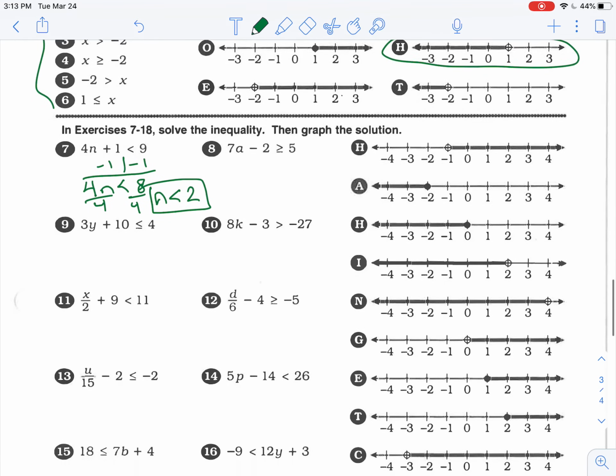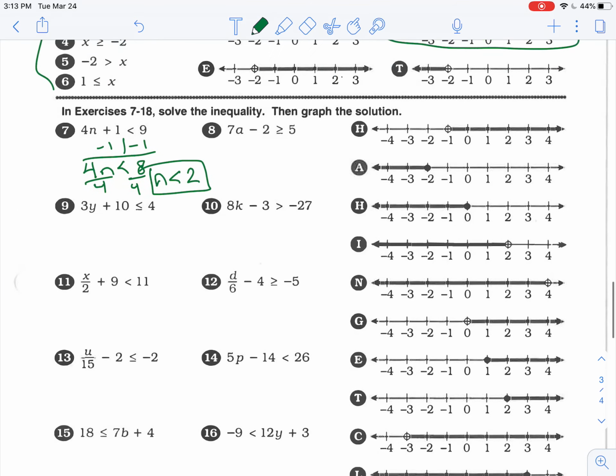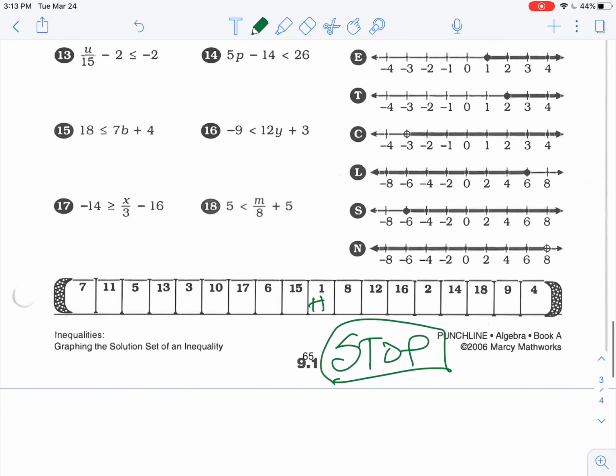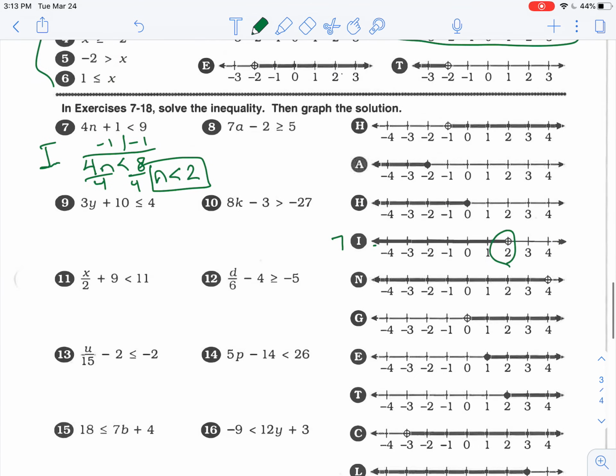You need to solve the inequality, and then you need to match it up with the right graph. So n is less than 2, so I need to look where it's less than 2. I know that the 2 is not included, and it's all the numbers that are smaller than 2. So this is I, and I need to see that they're matched up. And then down here, number 7 becomes an I.